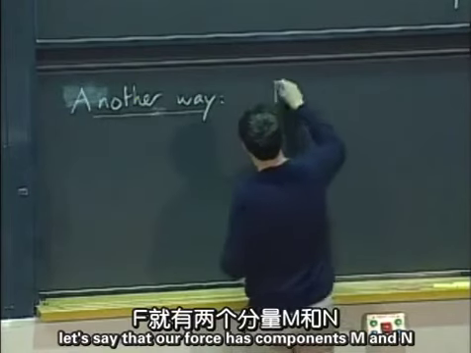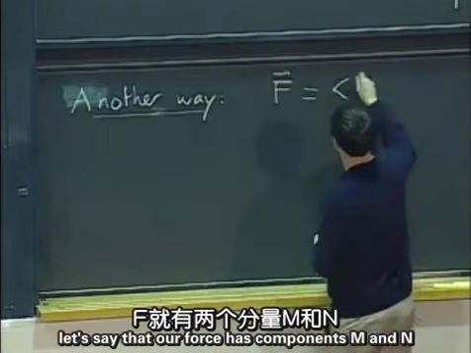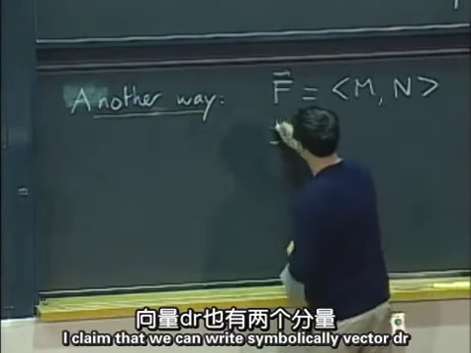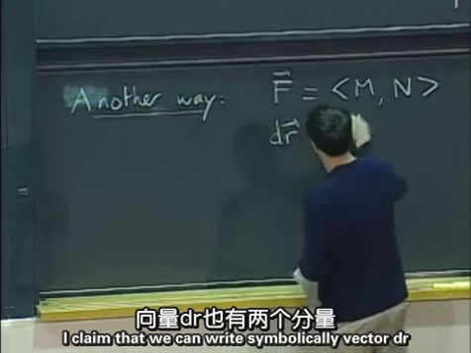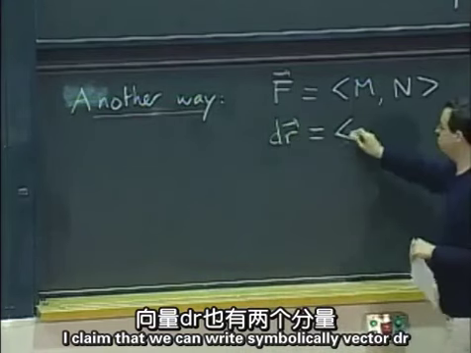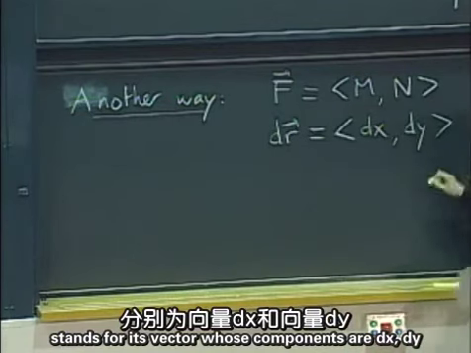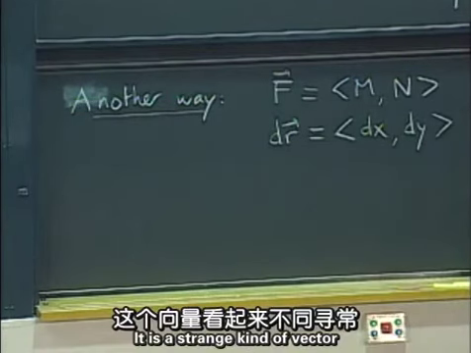Let's say that our force has components M and N. I claim that we can write symbolically that vector dr stands for a vector whose components are dx and dy. Now that's a strange kind of vector.